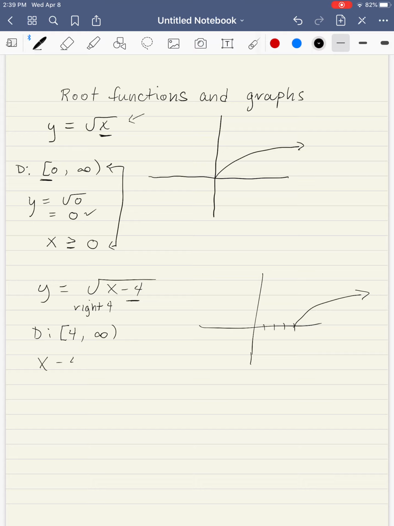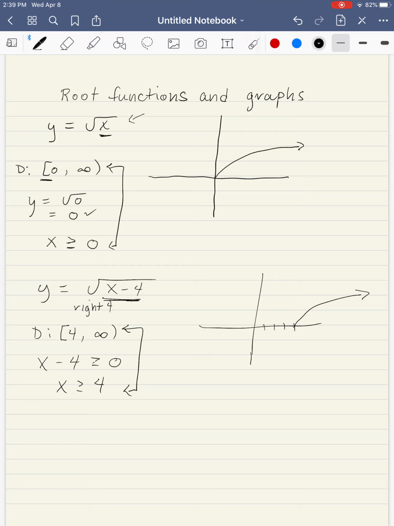If we think about this algebraically, we know that x minus 4 has to be greater than or equal to 0 for the whole thing under the radical to be 0 or positive. And then if we solve that inequality, we have x is greater than or equal to 4, which is the same result that we had from looking at the picture.